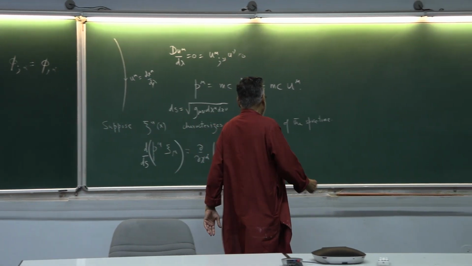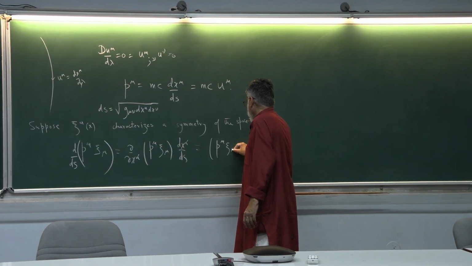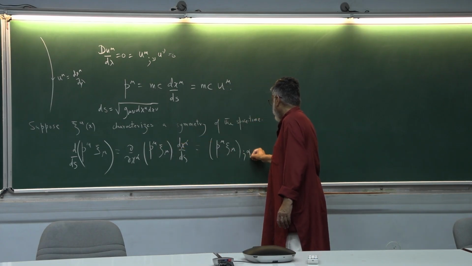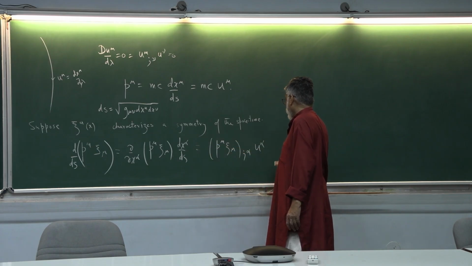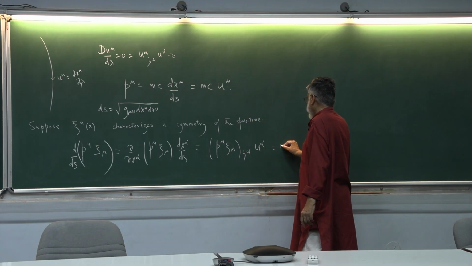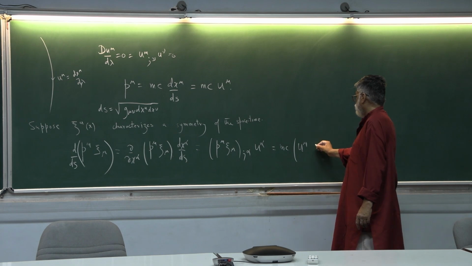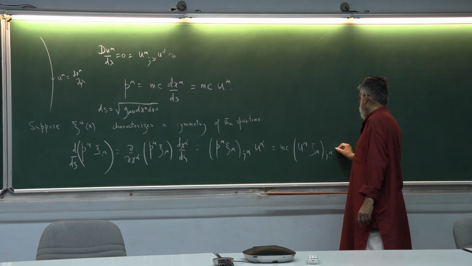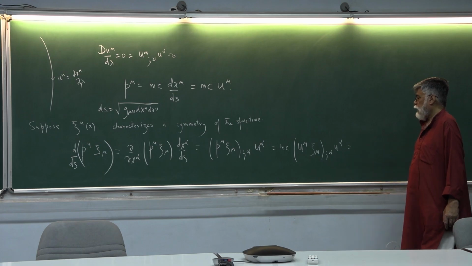Hence, this object can also be written as: for p_μ ξ^μ, the ordinary partial derivative with respect to α is the same as the covariant derivative ∇_α. dx^α/ds is the tangent vector u^α. p_μ is mc u_μ, so the mc can be taken out, and this is nothing but u_μ ξ^μ u^α, with the covariant derivative.